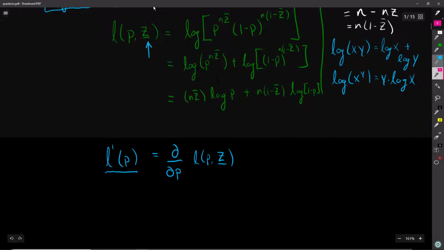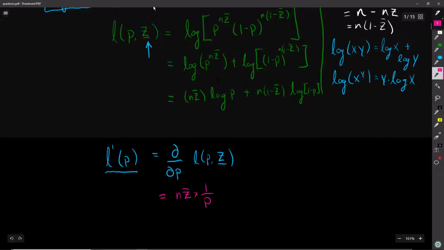Right? So what does this derivative actually equal? Well, for this first term, this nz bar, that's just a constant, so we'll leave that sitting out front here. And the derivative of log p is 1 over p. So that's times 1 over p.